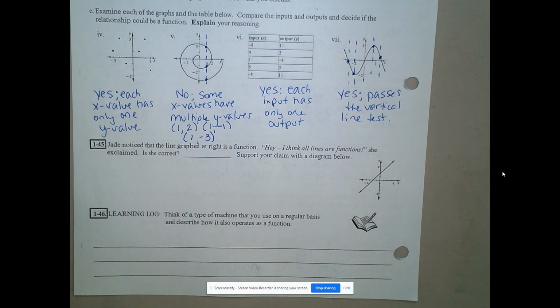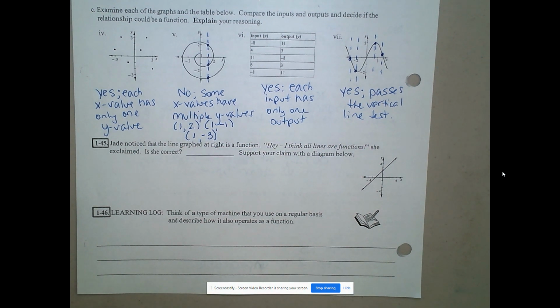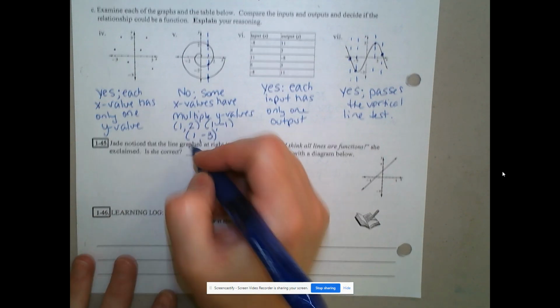Jade noticed that the line graphed at right is a function. Hey, I think all lines are functions, she exclaimed. Is she correct? Is there a line, something linear, straight, that you can draw that would not be a function, something that would not pass the vertical line test? And there is. So is she correct?